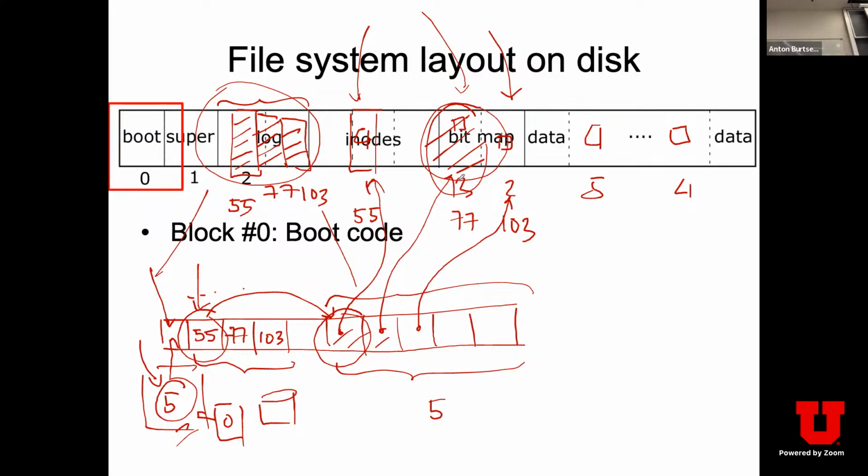So does the log contain multiple of these structures so that you can have concurrent transactions? Yeah, eventually it becomes a bottleneck, and it's up to you how to design it, right? Ideally you would like to have multiple concurrent transactions from multiple processes in flight.